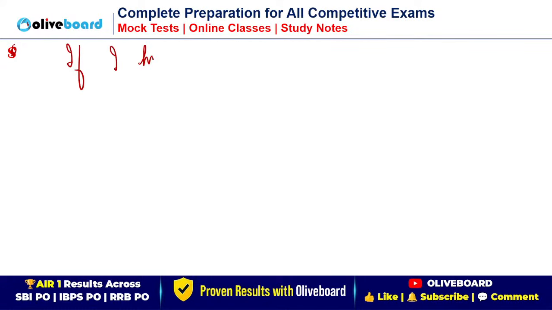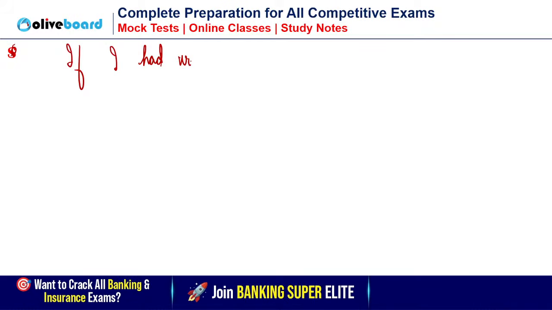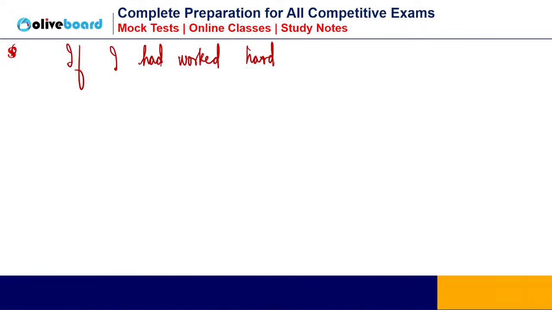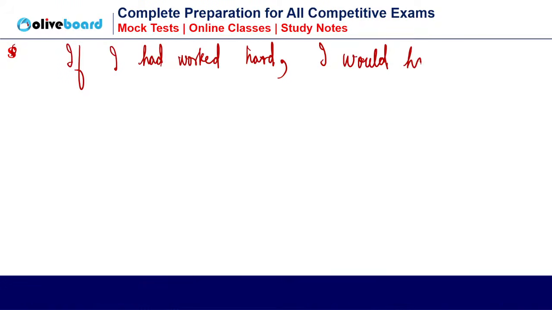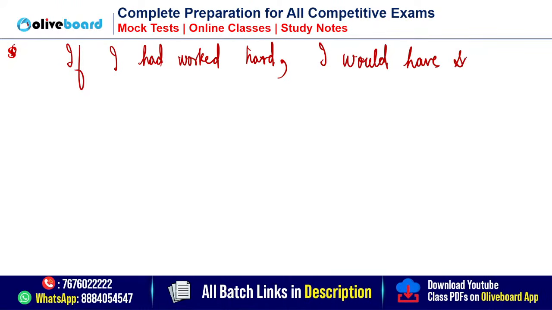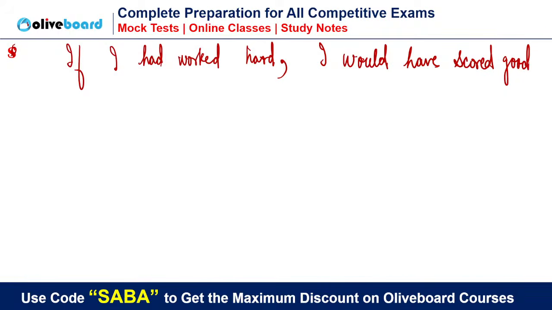If I had worked hard. If you want to write had worked hard, then in the principal clause it should come, I would have scored good marks. Yes or no? What will come here? It will come, I would have scored good marks.